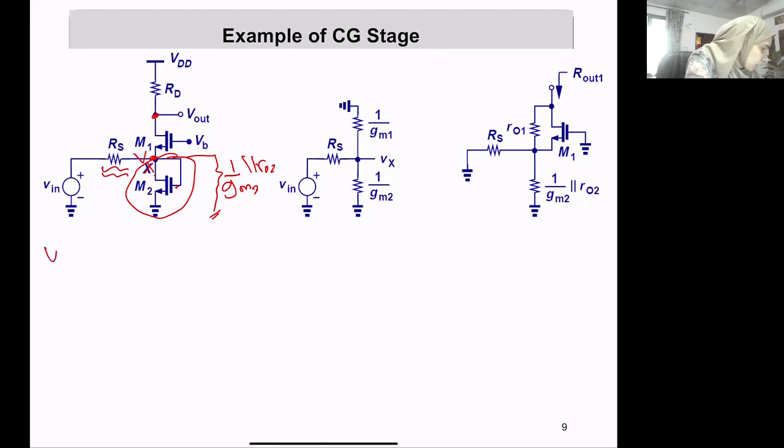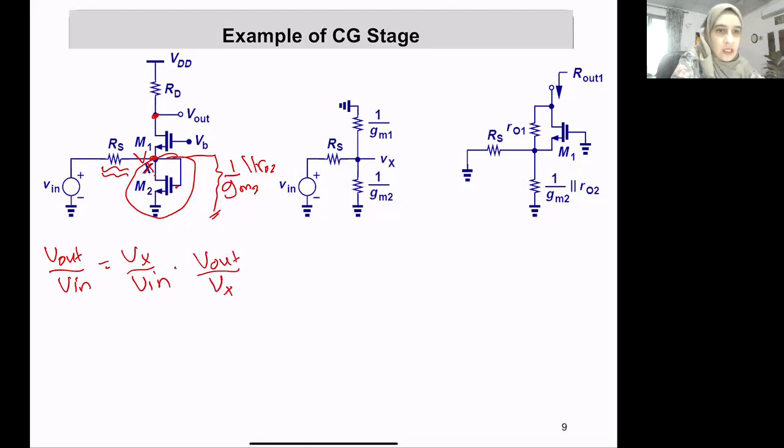And find Vout over Vn, which is equal to Vx over Vn multiplied by Vout over Vx. Vout over Vx is simple. It's just gm RD, the gain of the common gate amplifier, because this is what arrives at the source side and what is amplified at Vout. It's just the simple gain gm RD.